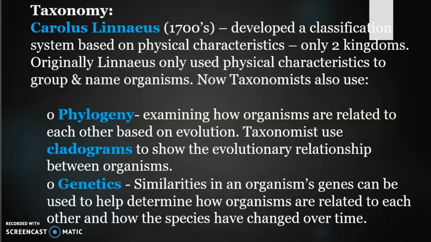They're not just looking at physical characteristics they can see, they're going to look at their phylogeny and see how organisms are related to others based on evolution. So they're going to use those cladograms and phylogenetic trees that we've talked about previously. Scientists also look at the genetics of an organism, and they can compare the gene sequences to see how closely related species are.